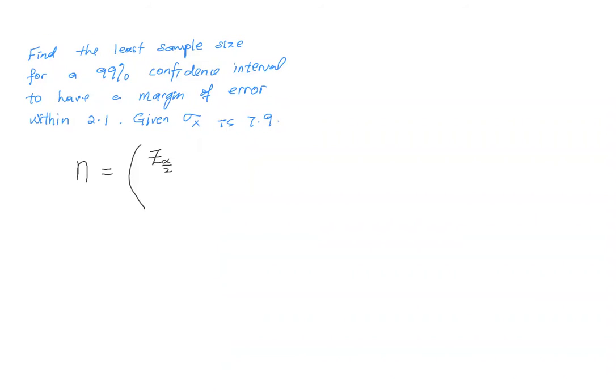Okay, correct. And then divided by margin of error. Okay, margin of error. So, Junjae, can you tell me what is Z alpha over 2 for this case?